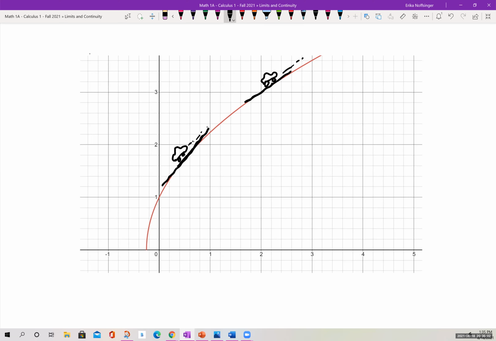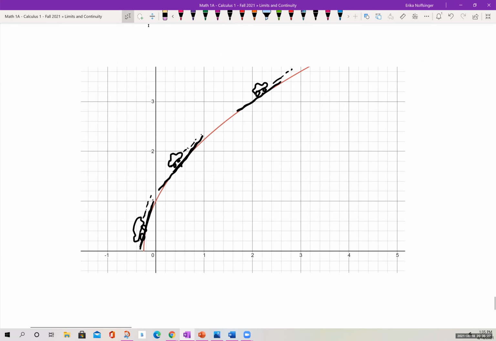And so that slope changes depending on, this is really steep, depending on where I am on my curve. So that's how I visualize how that tangent line is going to be lying on the curve. I don't know if that helps.